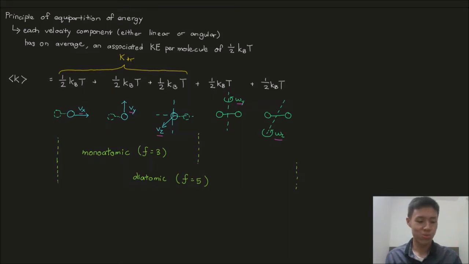So there are 3 rotational axes right now. Because you have 3, you need to add on one more degree of freedom, so you have one more half kBT. This time it is contributed by the molecule having one more rotational axis.